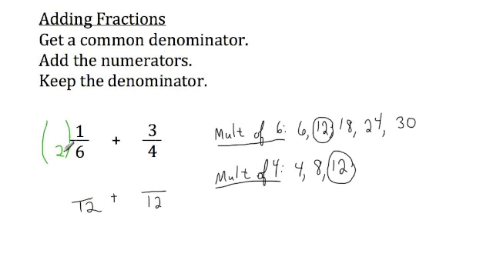Whatever I multiply that denominator by, I also have to multiply the numerator by. In the second fraction, in order to make the denominator 12, I have to multiply its current denominator, 4, by 3. 4 times 3 would give me 12 in the denominator, and whatever I multiply the denominator by, I also have to multiply the numerator by.